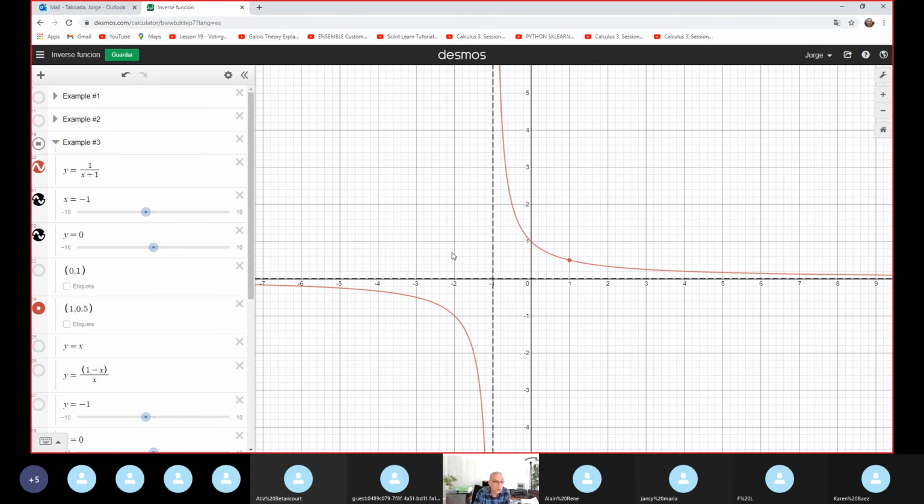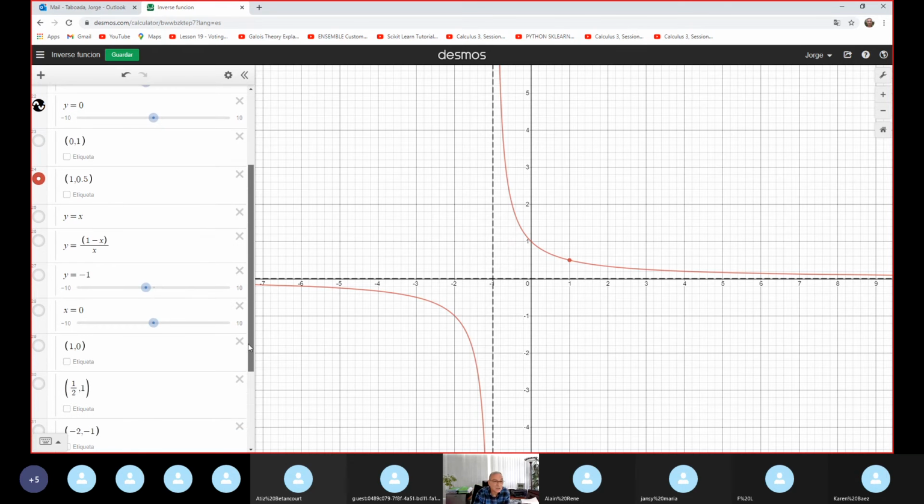Boom. Now let's do the graph of its inverse. The graph is like that. Bam. Okay, this inverse graph has one horizontal asymptote at -1 and one vertical asymptote at 0.